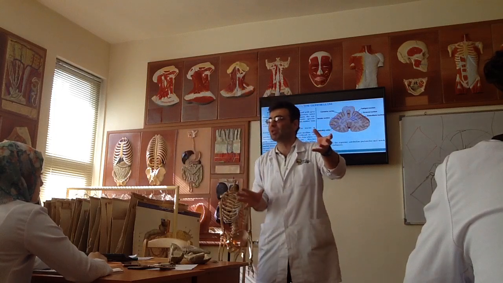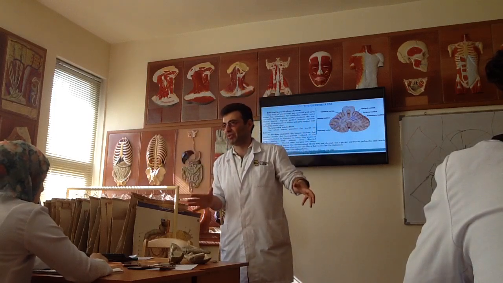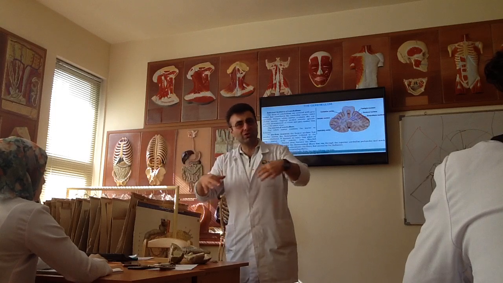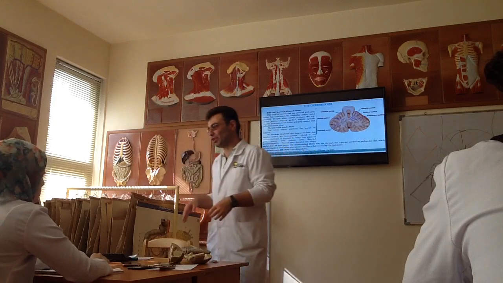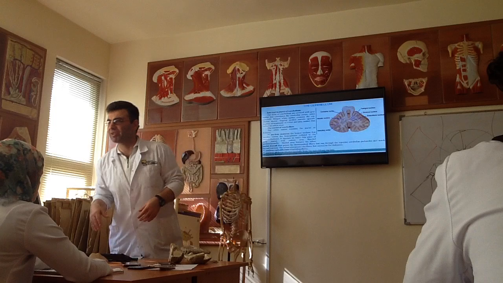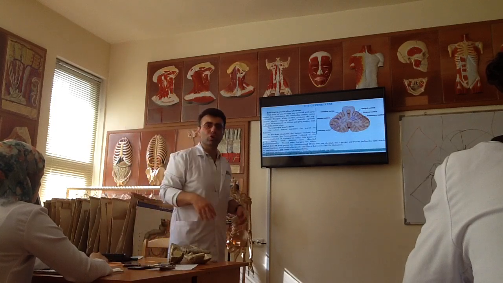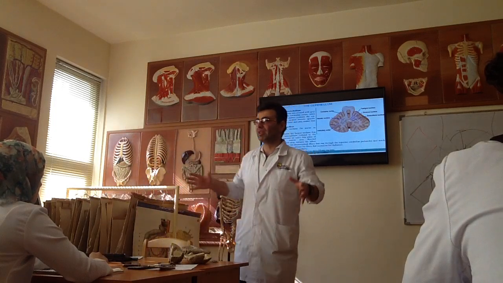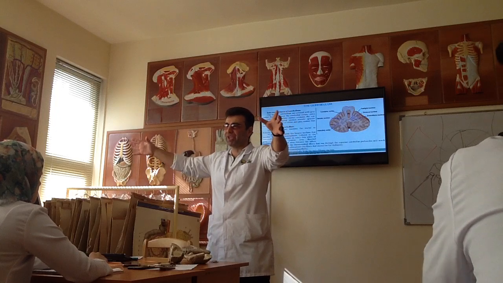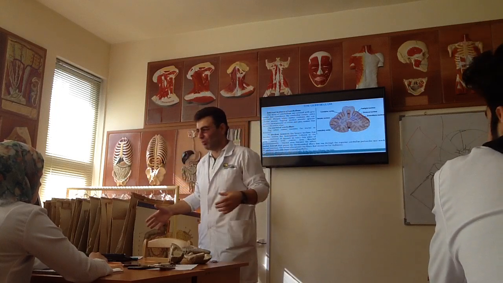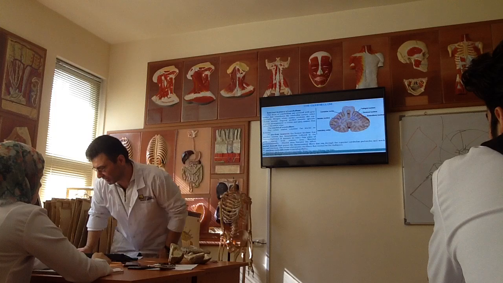Between these branches we also have white matter. Write, please: the gray matter of the cerebellum forms the arbor vitae, like the branches of a tree inside the cerebellum. Now, the nuclei of the cerebellum.